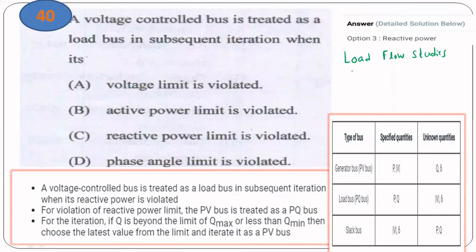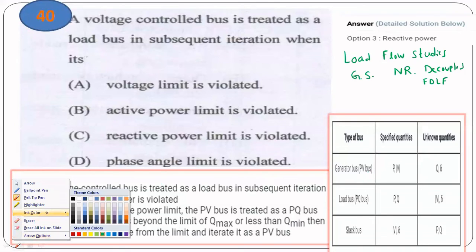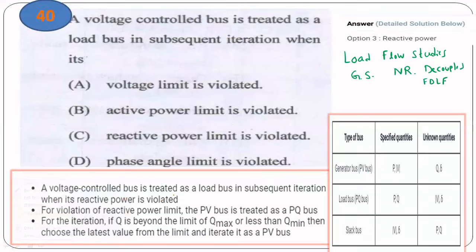During load flow studies, we know that there are different methods like the Gauss-Seidel method, Newton-Raphson method, then decoupled method, then fast decoupled load flow method, and so on. Whenever we are doing the load flow analysis, what is the meaning of voltage controlled bus? You can just go through the basic classification of electrical power system buses.